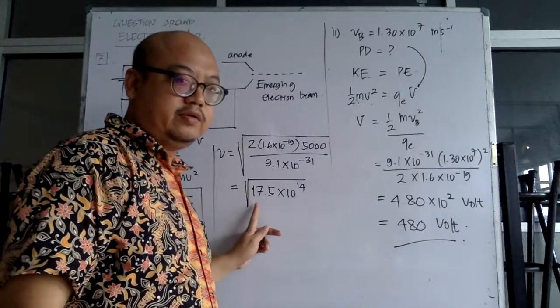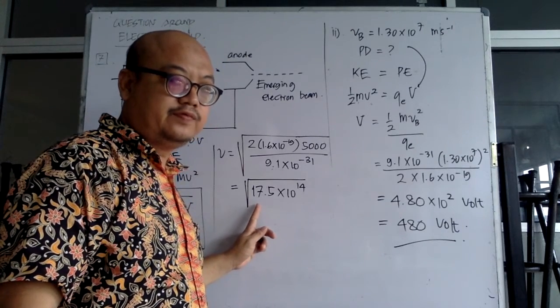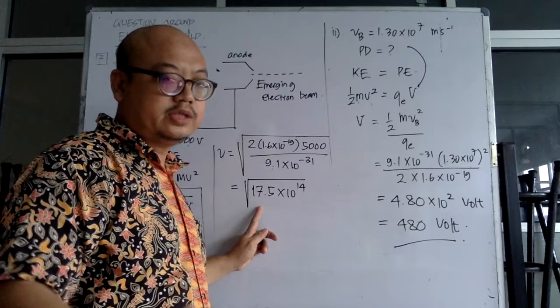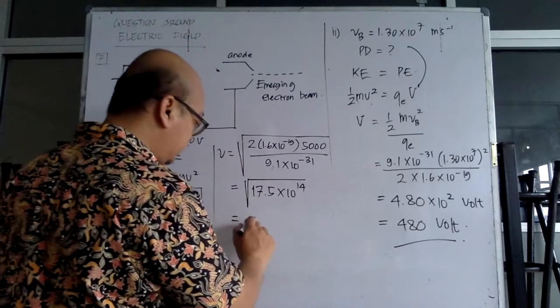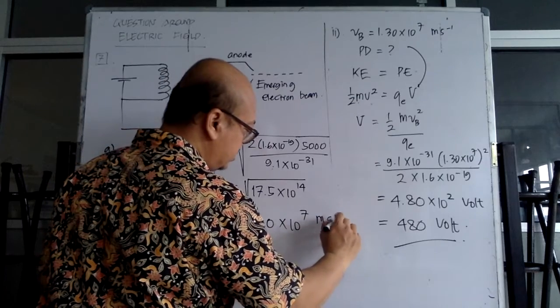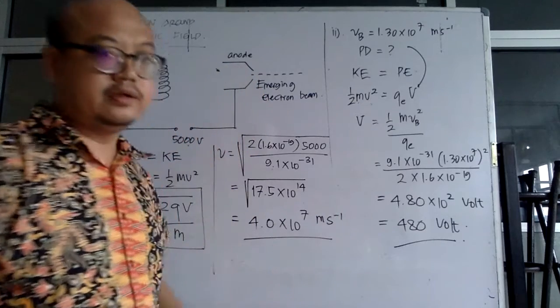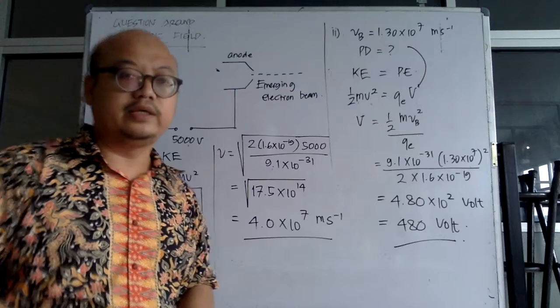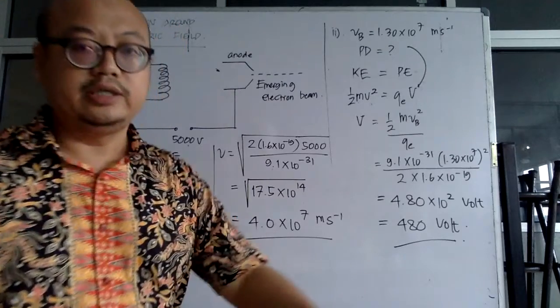If we take the root of 16, around 4, we get 4.0 times 10 to the 7 meters per second. Yes, correct, as proven by our calculation.